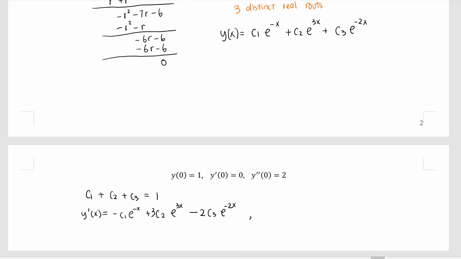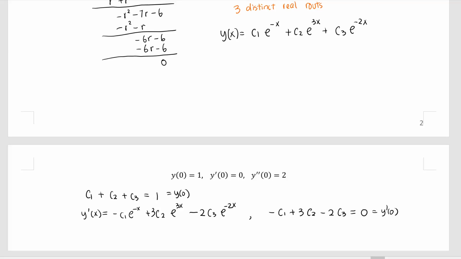So this is the derivative. We plug in 0, and y prime of 0 is 0. So we get minus C1 times 1 plus 3 C2 times 1 minus 2 C3 equals 0. Yeah, so this is y prime.